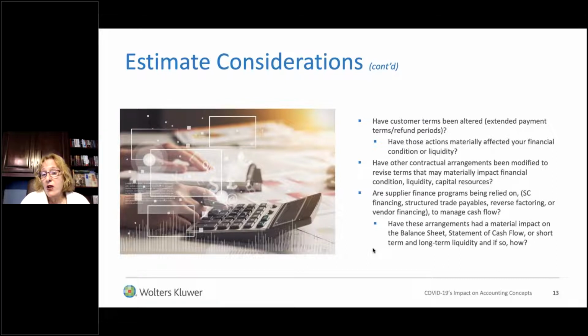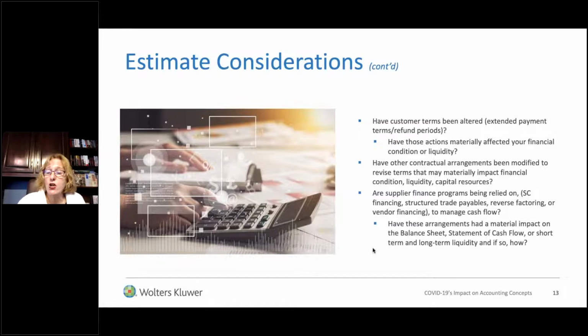Think about, have other contractual arrangements maybe been modified to actually revise terms that could materially impact your financial condition, your liquidity, or your capital resources? So contractual arrangements might be with vendors, it could be with customers, it could be with partners, joint venture partners.